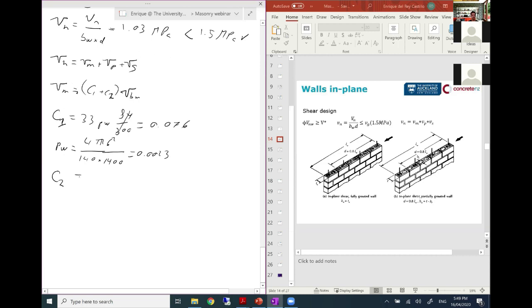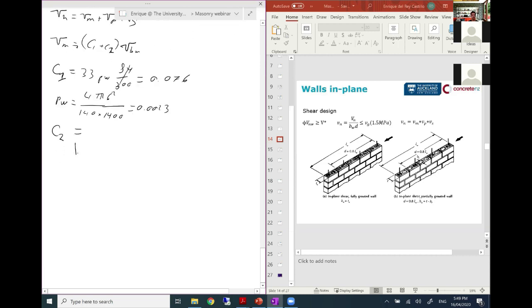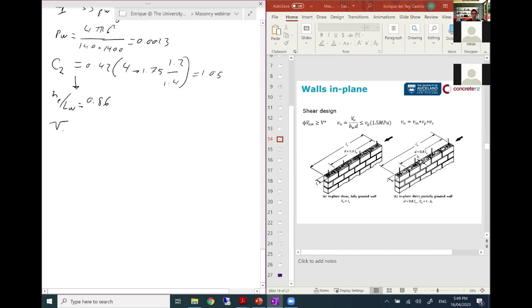Now C2 is equal to, because H over L is equal to 0.86, that means that C2 is 4.2 minus 1.75, 1.2, 1.4. And this is equal to 1.05. So my vbm is equal to 0.7. This is quite simple, right?